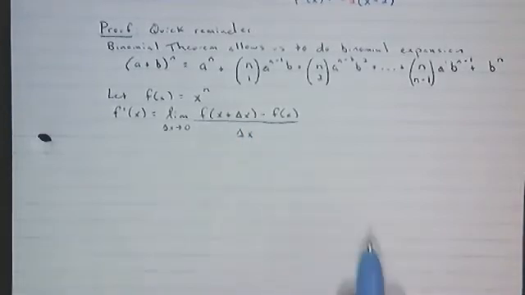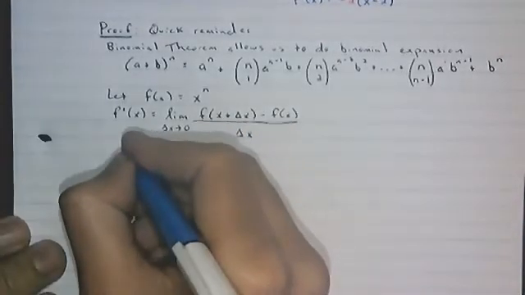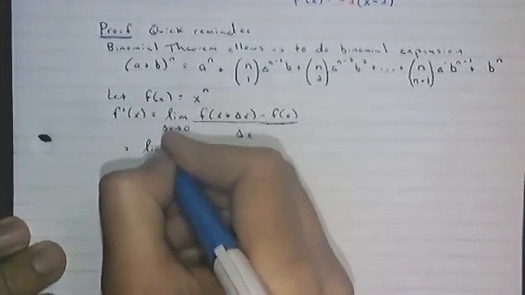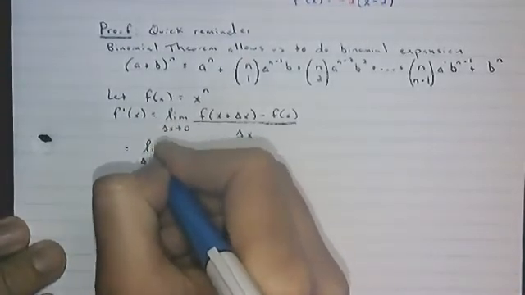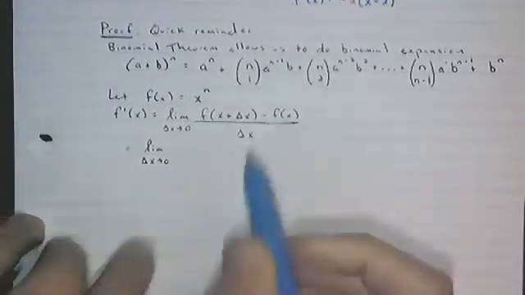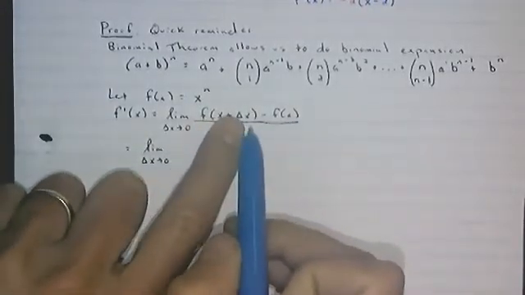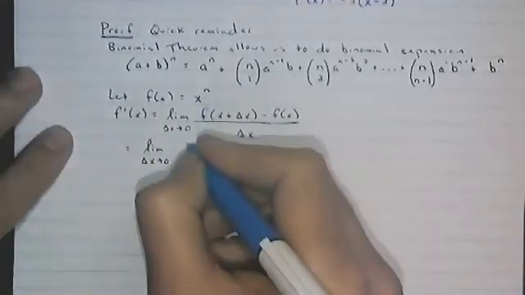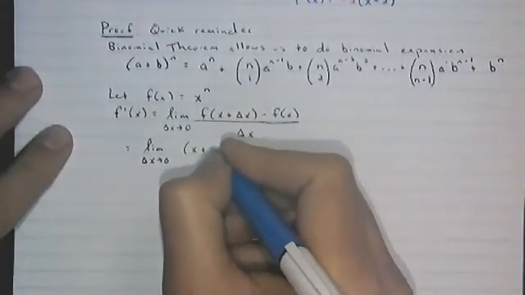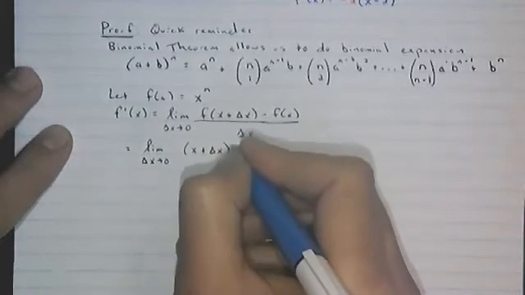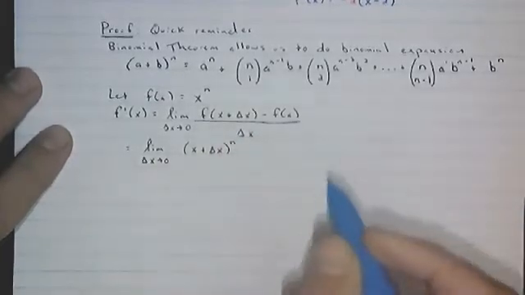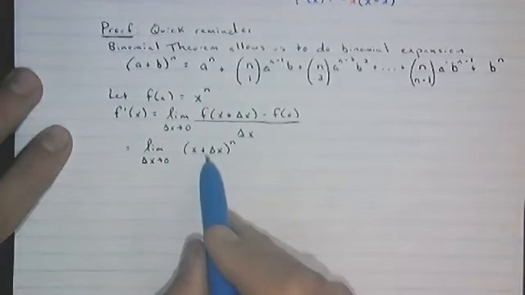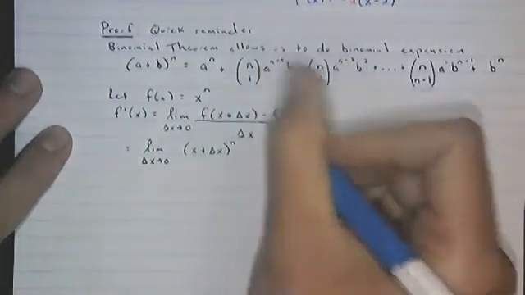Now, what does that mean for our function? For our function, it means taking the limit as delta x approaches 0 of f of x plus delta x, with our definition of f, means x plus delta x to the nth power. Oh, that's why we need the binomial theorem.